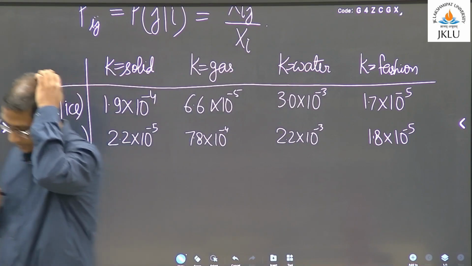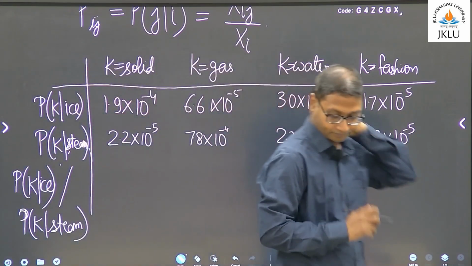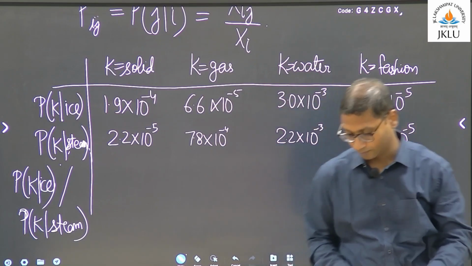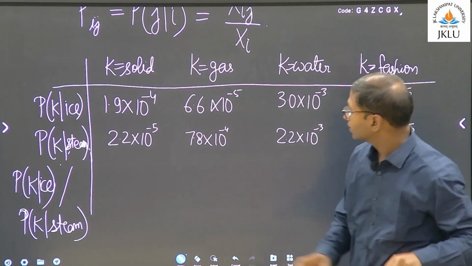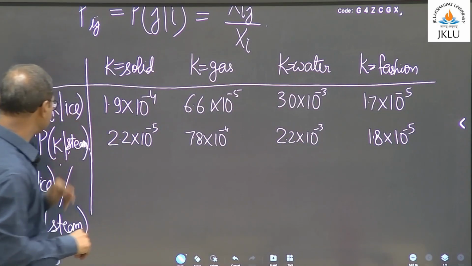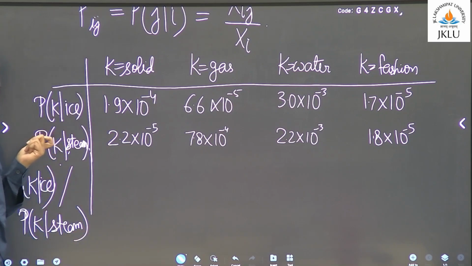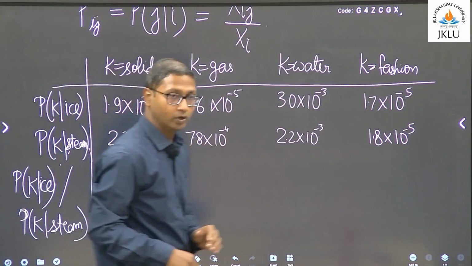What are these numbers and how do they make sense at all, if at all? So this is probability of word K given ice, this is probability of word K given steam, and this is probability of K given ice divided by probability of K given steam. So basically the ratio of these two numbers. Okay, we will fill that ratio.